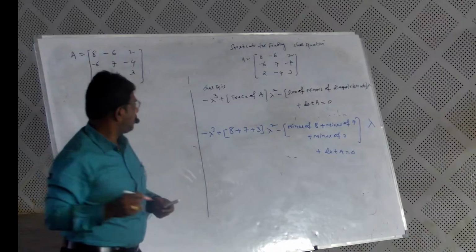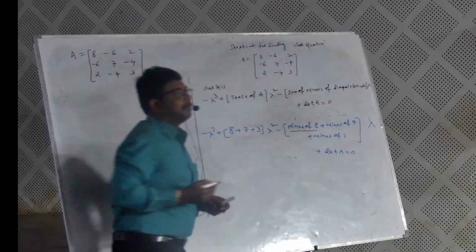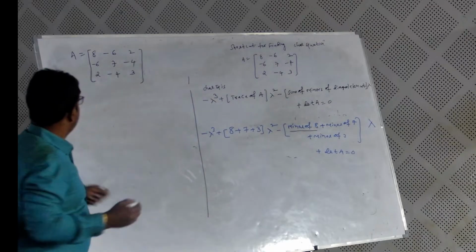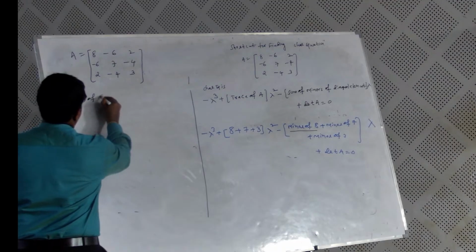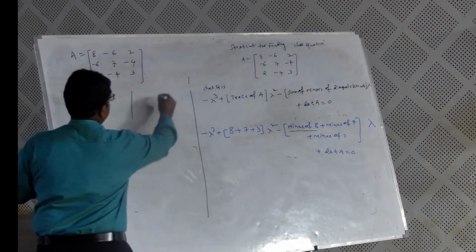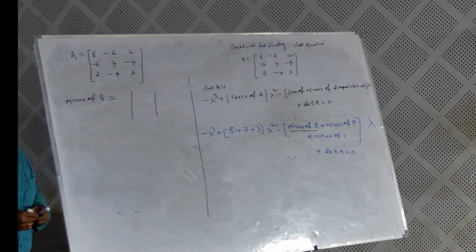Now I am interested to find the minor of 8. What is the minor of 8? Can anyone say how to find the minor of 8? 8 is available in which row?